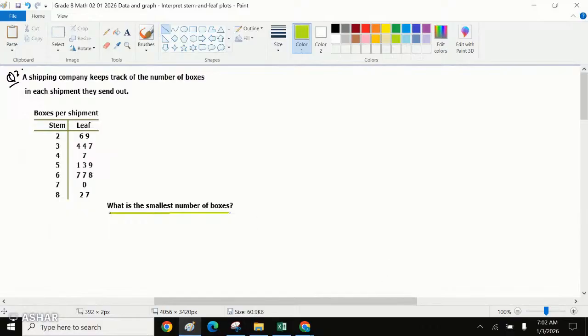Okay. If we need to find the smallest number of boxes in a shipment, the smallest stem is 2 and the leaf would be 6. We can write this as there were 26 boxes in the shipment, there were 29, there were 34, 37, there were 47, and so on.